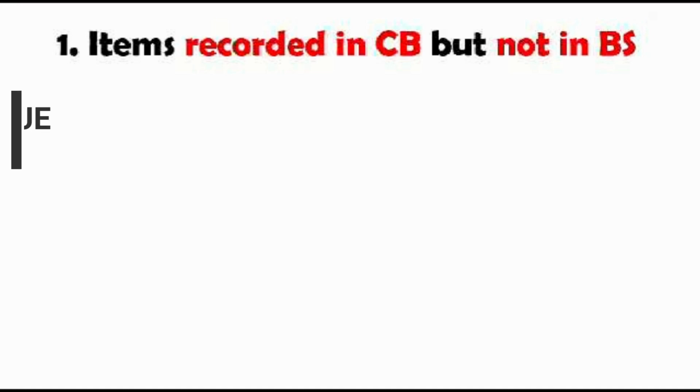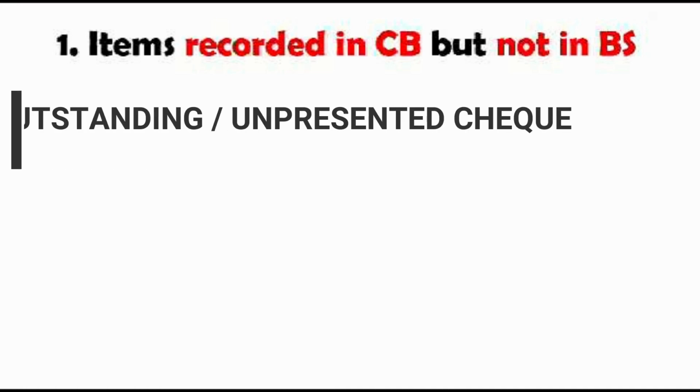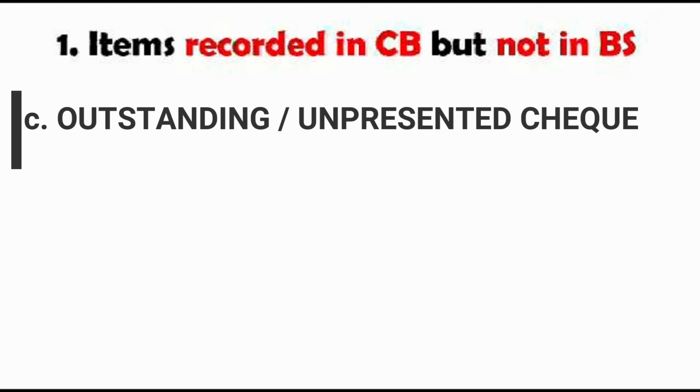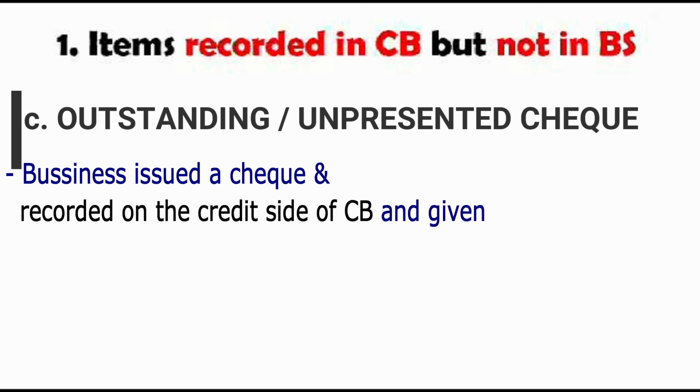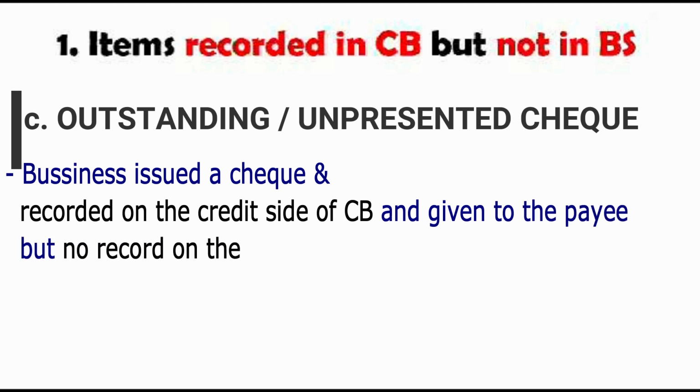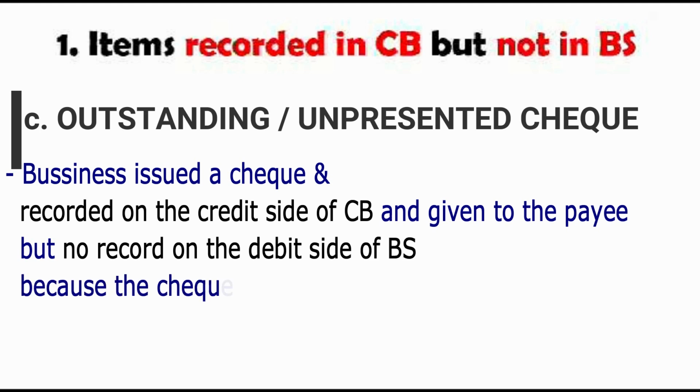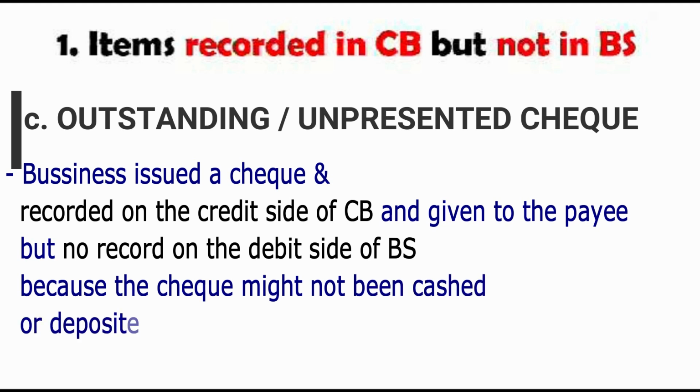And the last one, we have the situation of outstanding check or unpresented check. This is where the business issued a check and recorded it on the credit side of cash book and gave it to the payee, but there is no record on the debit side of bank statement because the check might not have been cashed or deposited by the payee yet.